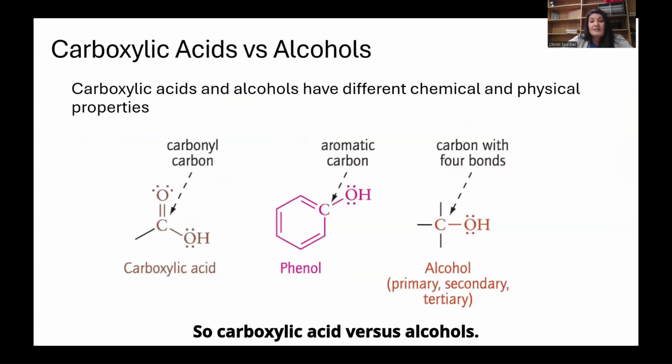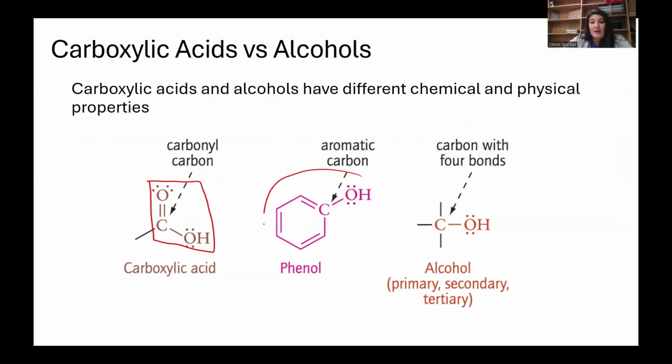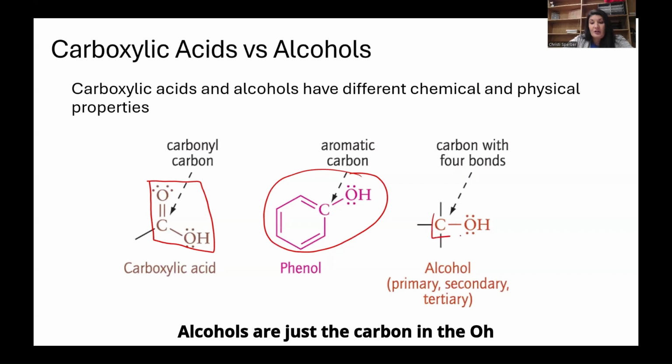So carboxylic acids versus alcohols. Carboxylic acids and alcohols have different chemical and physical properties. So a carboxylic acid, you can see here, the whole group is the C double bonded to an oxygen plus the OH group. Remember, phenols are the aromatic ring and the OH group together. Alcohols are just the carbon and the OH group.